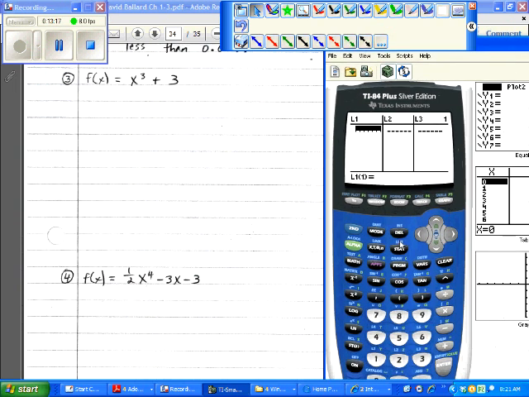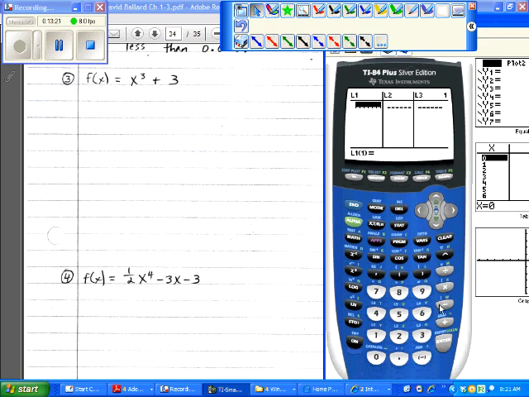Now, in L1, I'm just going to put my round number. It's not going to mean anything. So in L1, I'm just going to put round 1, round 2, round 3. I could just leave that off, but I'm just doing that.